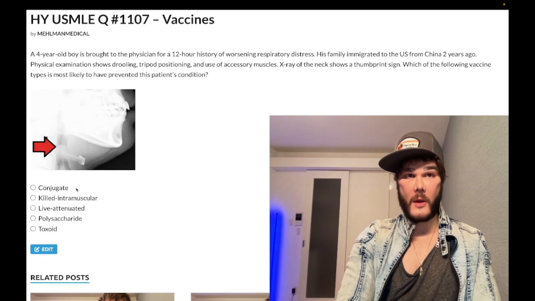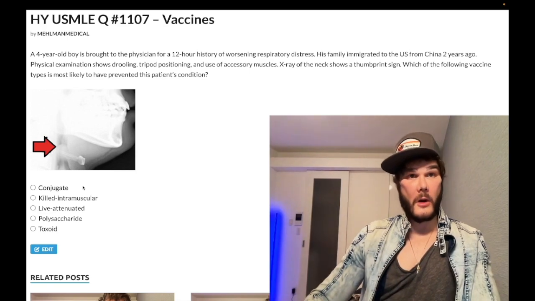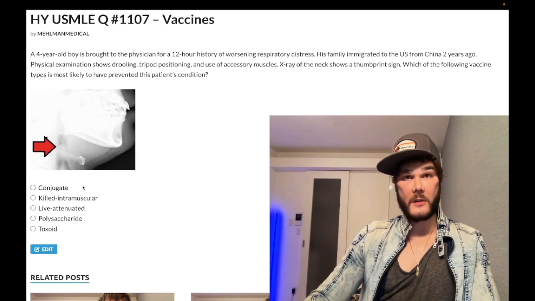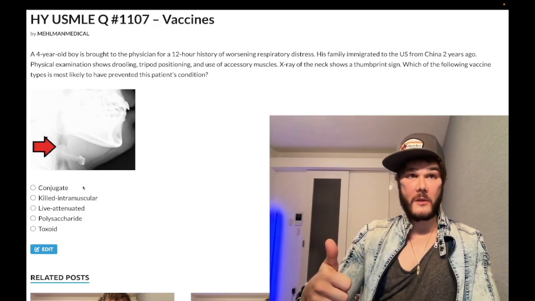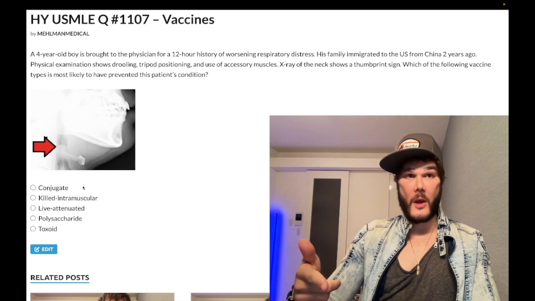So Haemophilus influenzae type B has a polysaccharide capsule. So you think about the capsular organisms. For instance, if you have asplenia slash splenectomy, okay, sickle cell, surgical, what do you need vaccines against? Haemophilus influenzae type B, strep pneumo, Neisseria meningitidis.